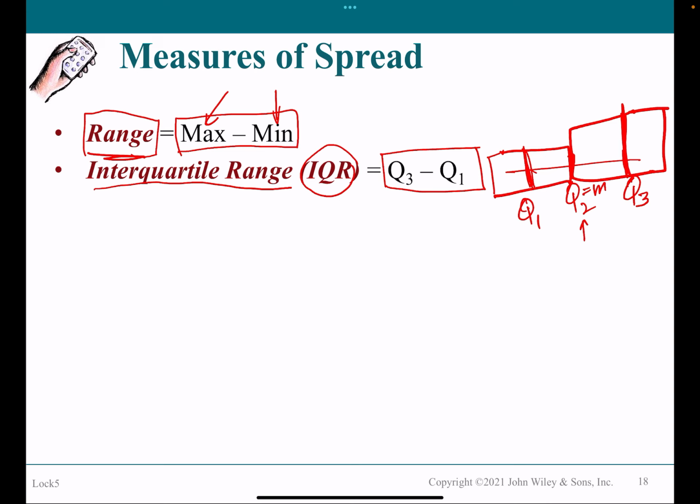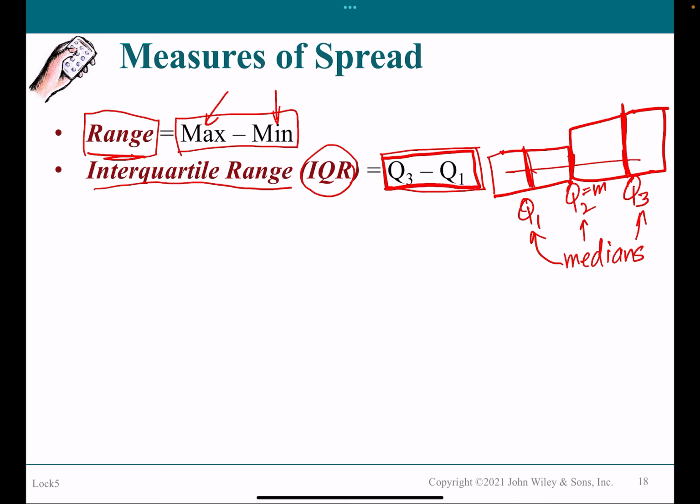So again, all of these three are medians. Since they are medians, they are not affected by outliers. So based on this calculation, IQR or interquartile range becomes a resistant measurement.